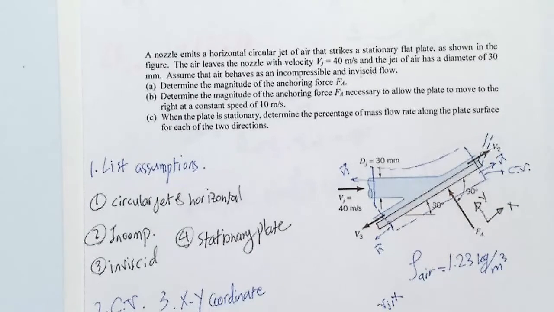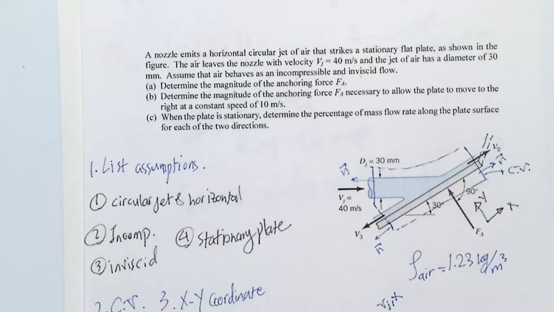Visually it seems that these two are similar, that V2 is equal to V3, and the thickness is equal. But you cannot assume that, because it's not. If you write the conservation of mass, which everyone should do, you have m dot in equal to m dot out in these two.